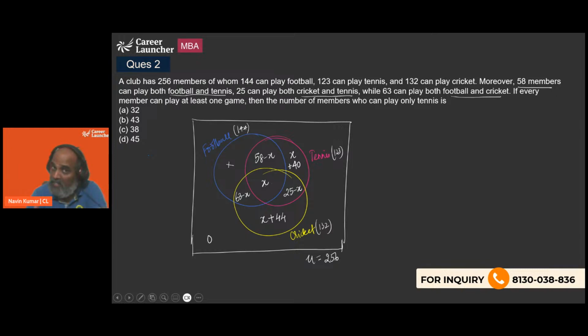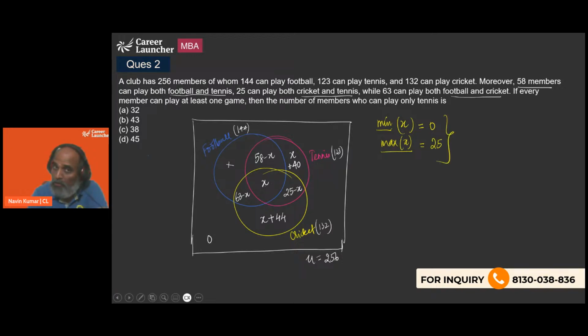Now, the unsaid rule, remember? The minimum value of x that we can have is 0, and the maximum value of x that we can have is 25.